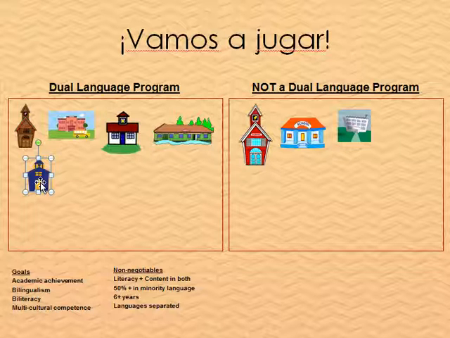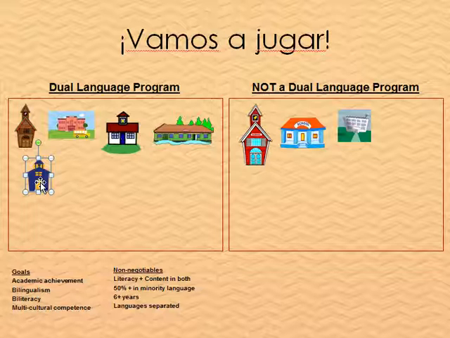ELL students exited by LPAC, that's their language committee, will be on monitor status and enrolled in a regular classroom. So the purpose of a dual language program is for students, the goal is for them to be bilingual and biliterate, but they need to be in that program for, we're looking for 6+ years.